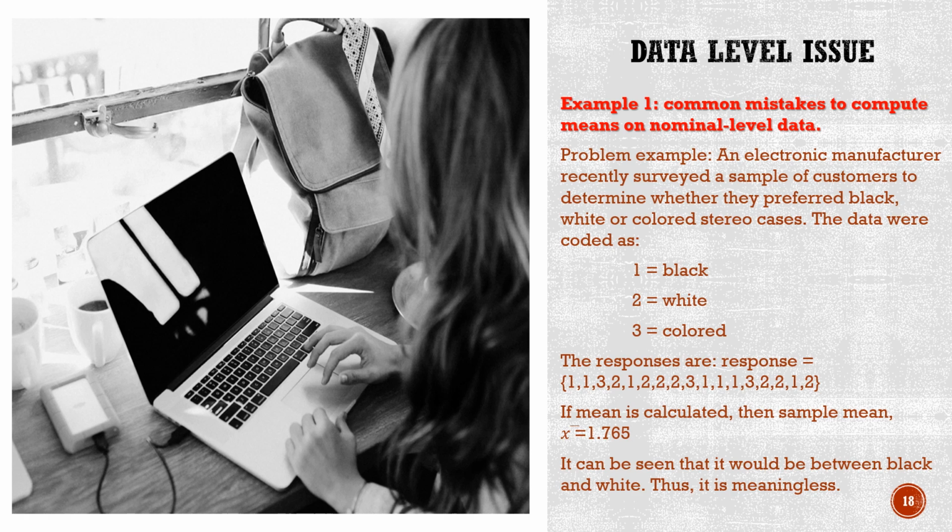So supposedly, the correct way of analysis is to identify the frequency or the count of customers who preferred number 1, which is black, customers who preferred number 2, and also the count or frequency of customers who preferred number 3. So the summary from this analysis should be the frequency for each category, not the calculation of the mean.